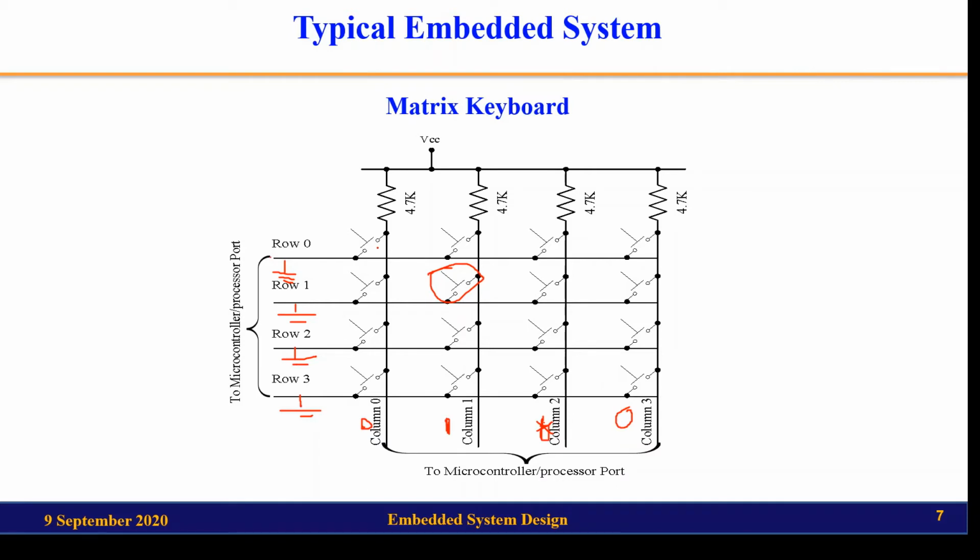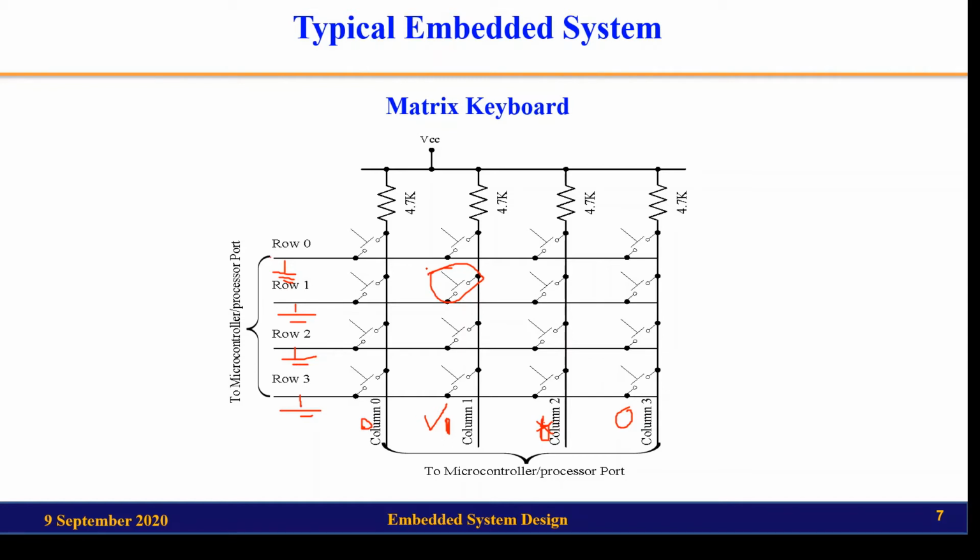Next, the keyboard will identify that one of the column keys has been pressed. We know the column, but we also should know the row.